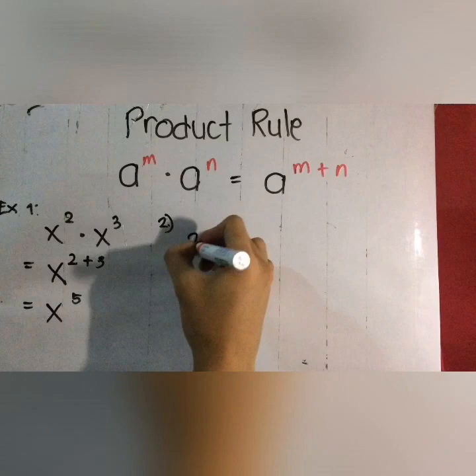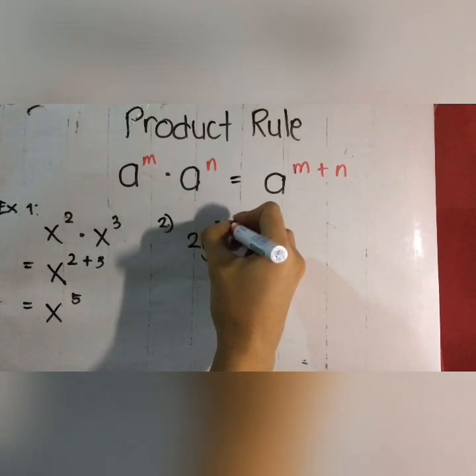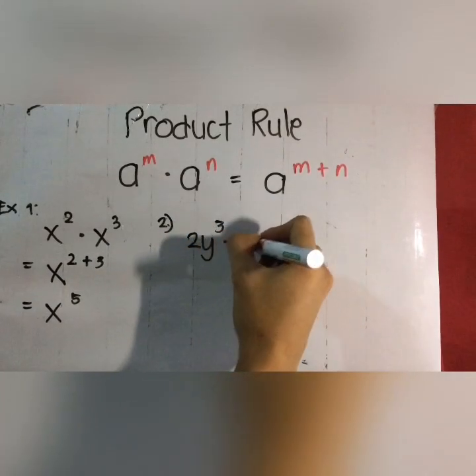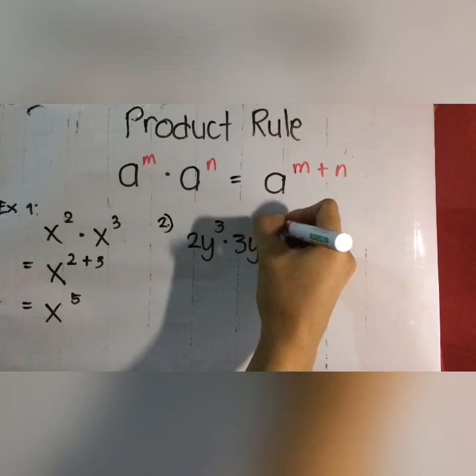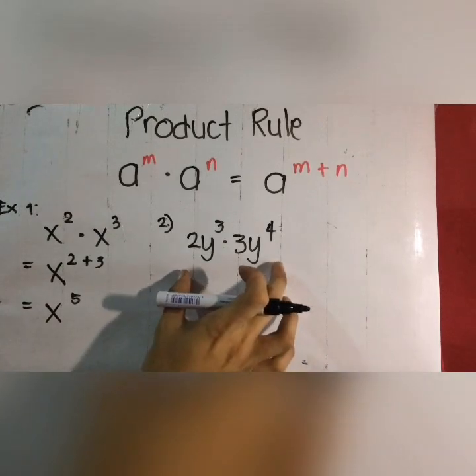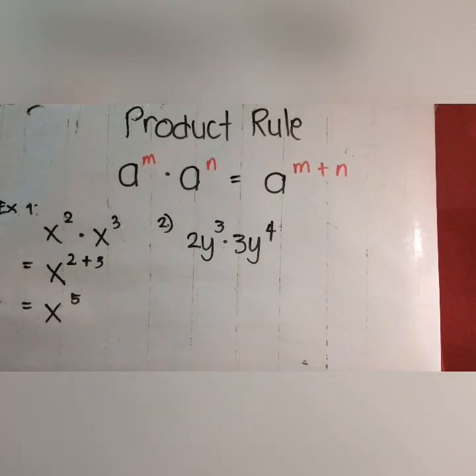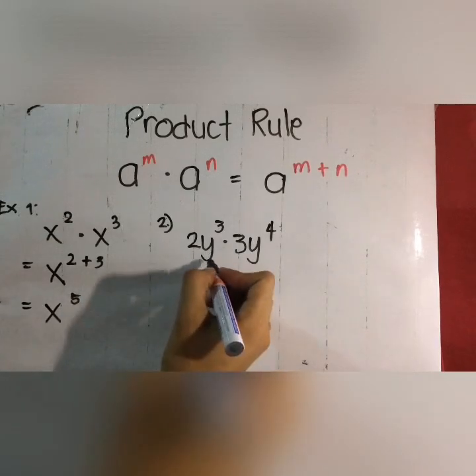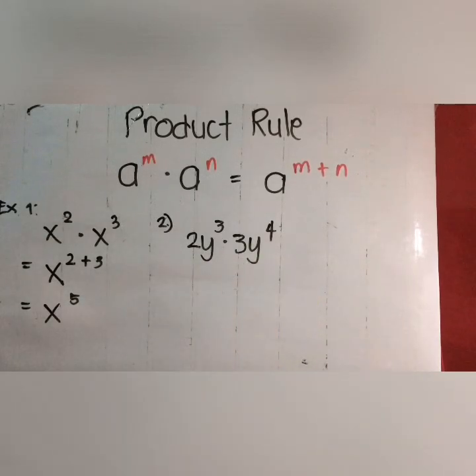Let's say we have 2y to the power of 3 times 3y to the power of 4. Can we still apply the product rule to this given expression? Yes, we can, because since the bases are the same, we still apply the product rule.